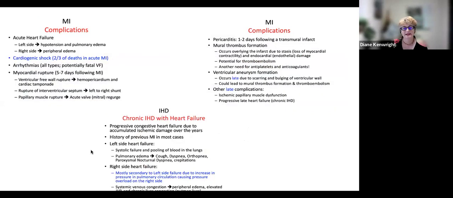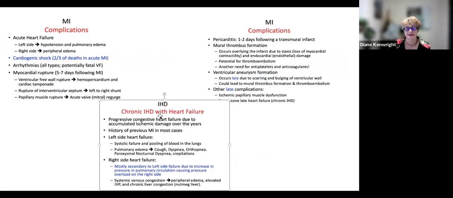What can happen next? All through here, and we'll just move this up a bit so we can see the slide, is heart failure. Many of these things can lead to heart failure, and the person might just not be left with enough heart muscle to pump effectively and go into chronic heart failure.